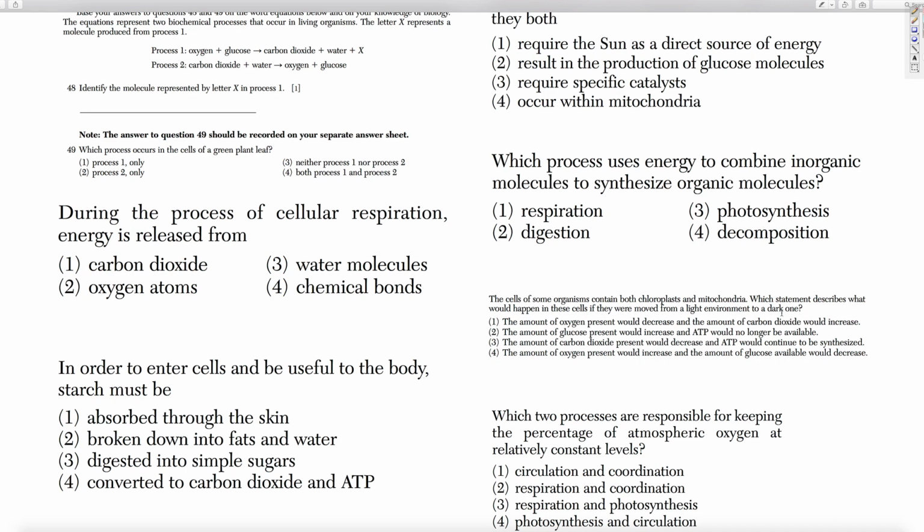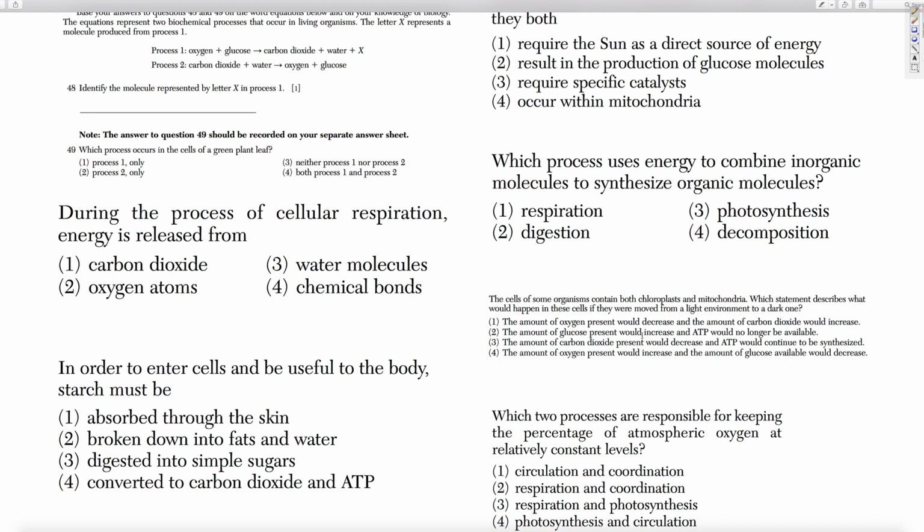So now that they're in the dark, right? No, now that they're in the dark, they do respiration instead of photosynthesis. So if they do respiration, there should be more carbon dioxide. There should be less. No, they take in carbon dioxide for cellular respiration. They're going to give off oxygen. But none of them say oxygen.